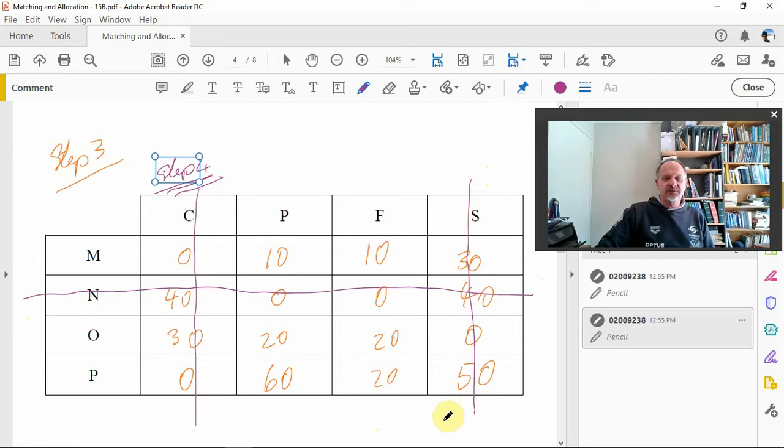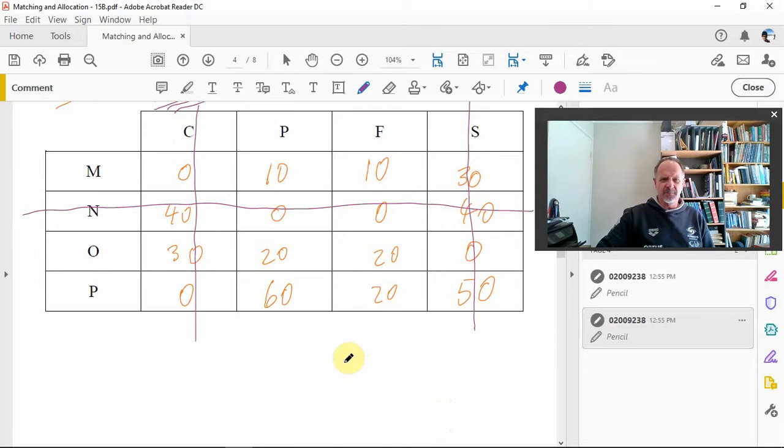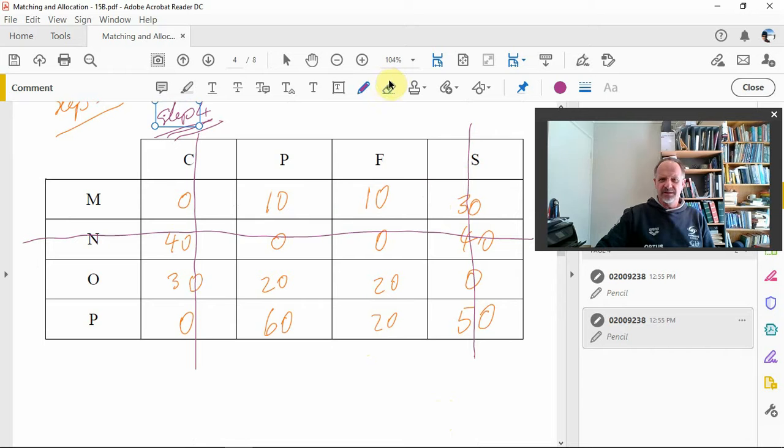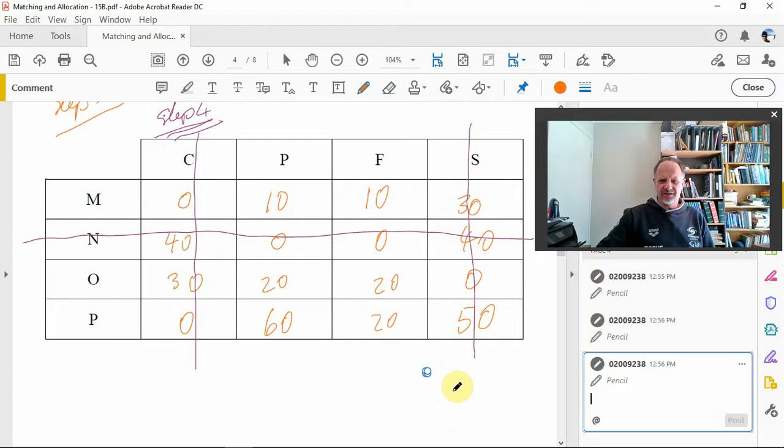Now what we need to do is look at the uncovered numbers we're interested in for step 5. So let me change back. Step 5, we're looking for the uncovered numbers, the smallest uncovered number. The smallest uncovered number here is 10.